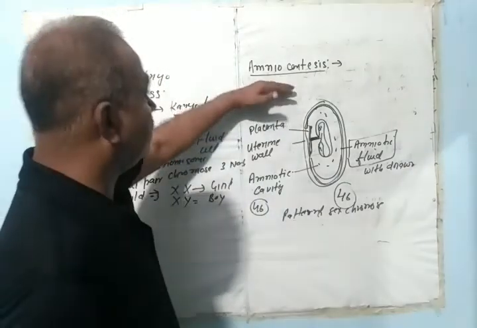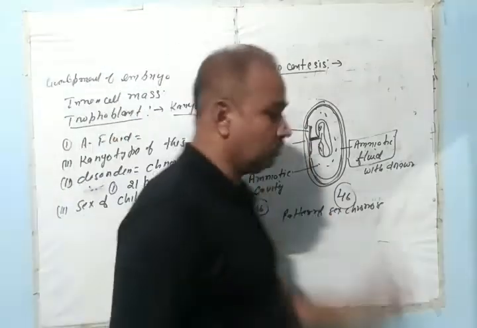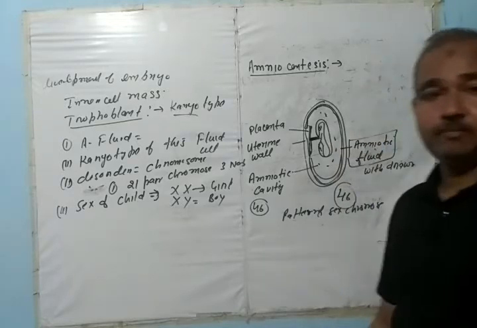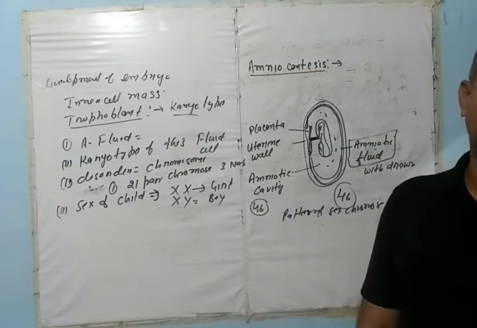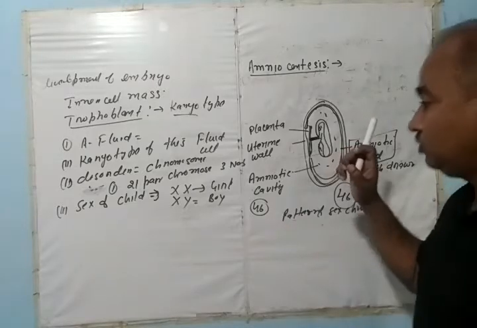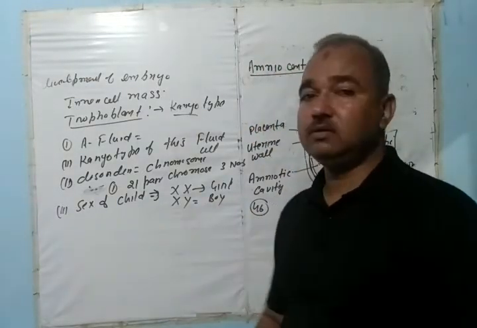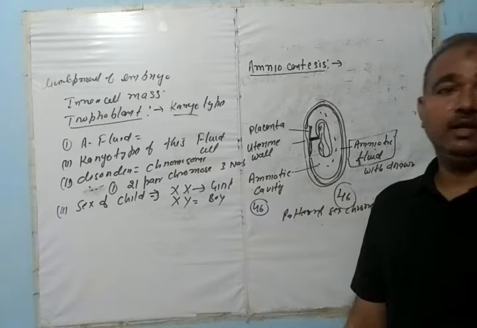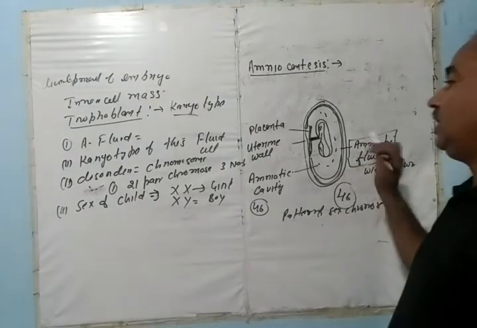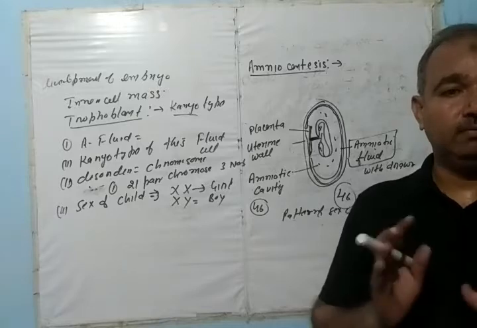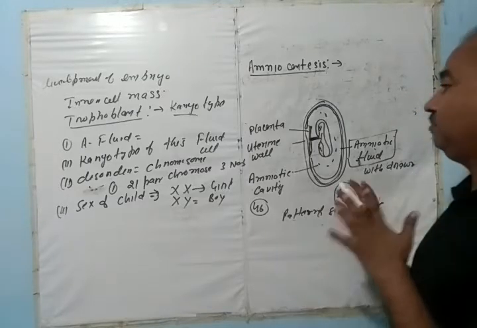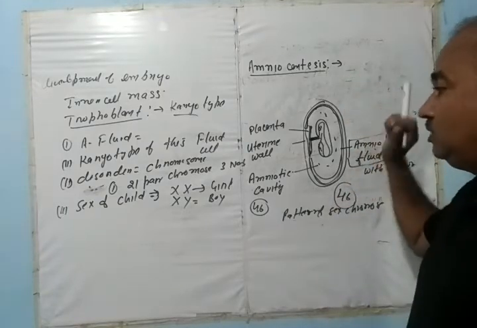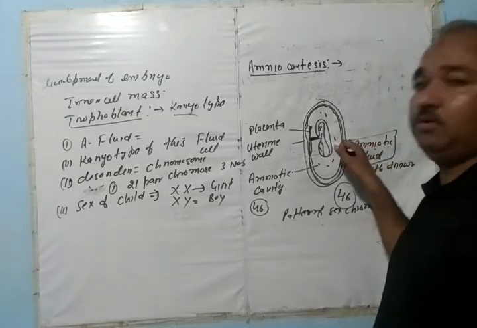This technique was developed for the diagnosis and treatment of different types of abnormalities in the developing child, but nowadays it is used to determine the sex of the child. If the developing child is female, a large number of female children are destroyed in the womb, and this is called female feticide. This use of the technique is not for detecting abnormality.